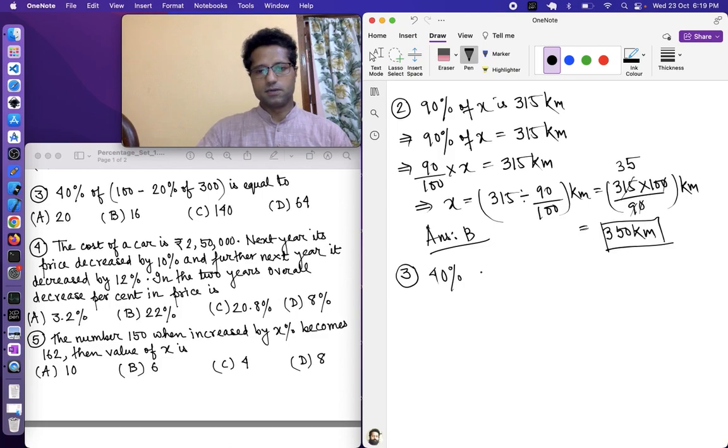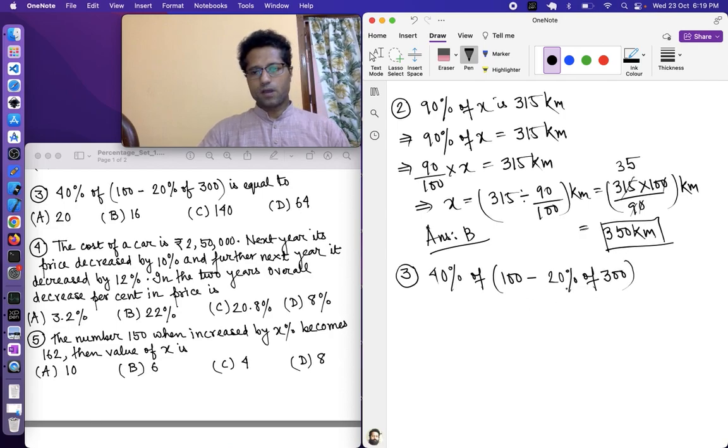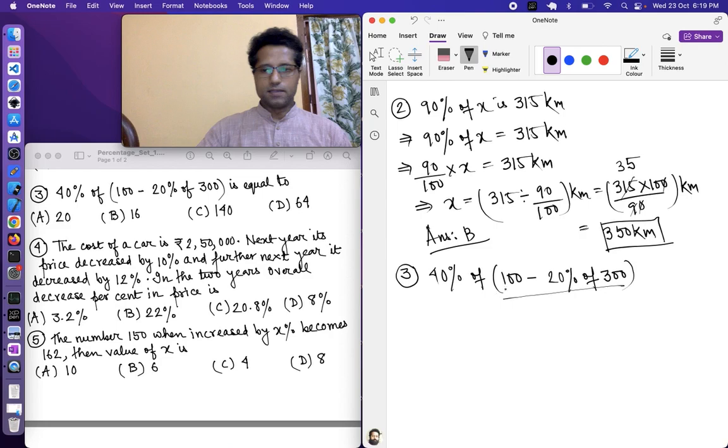So 40% of, then there is a bracket. We have 100 minus 20% of 300. So definitely, first you have to evaluate the value inside the bracket, and then whatever that value will be, you have to apply 40% of that value.